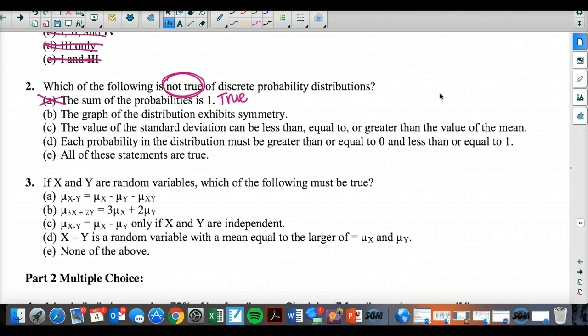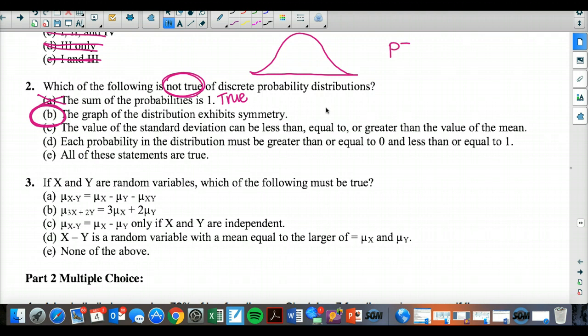The graph of the distribution exhibits symmetry. Sometimes it could, but sometimes it doesn't. This is your right answer. What does it mean? Okay, so symmetry means it is a normal curve. But is every model a normal distribution? No. Let's say that you are going to do 10 trials of something that has a probability of 0.2.